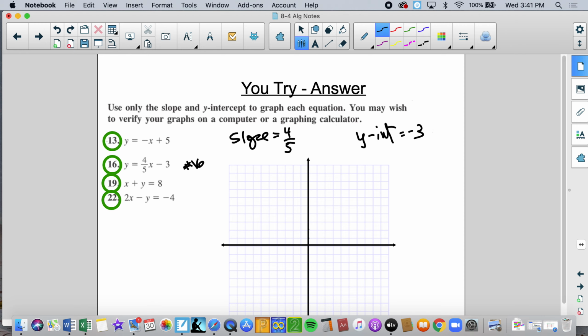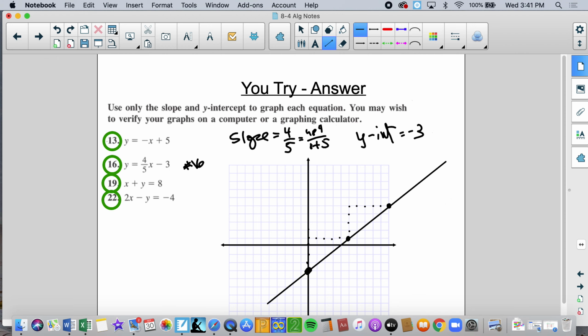So I'm going to graph my y-intercept first, -3, make a point. My slope is 4/5. That's up 4, right 5. I've got 3 points. I'm going to connect the dots. Oh, that was pretty good. That was spot on there.